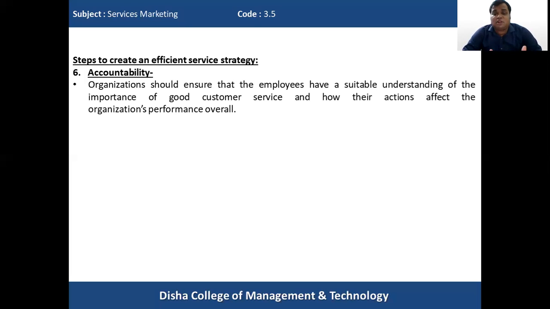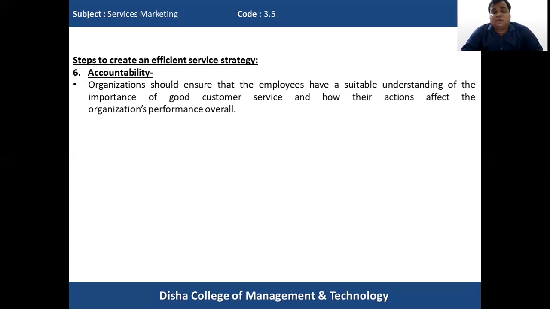If this is not understood by the employees, then they will not stick to proper or good customer service, and how their actions affect the organization's overall performance. This is also very important. They should not only understand that good customer service needs to be provided, but also understand how their actions are important for the organization's performance as well.